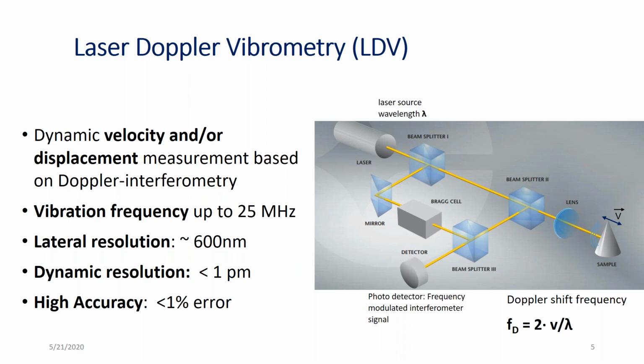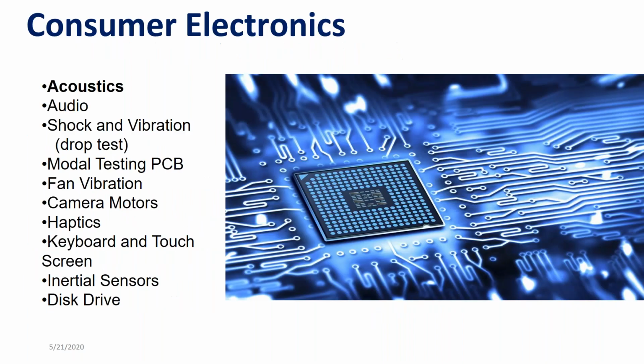Our measurement resolution is down to picometer, so that's 10 to the minus 12 meters. It's very tiny vibrations. We have no problem picking those up and measuring those. So it's a very sensitive tool. We'll see why it's important for this application today on acoustics on printed circuit boards. And we have a very high accuracy. Since we're using laser interferometry, inherently this is an extremely accurate measurement.